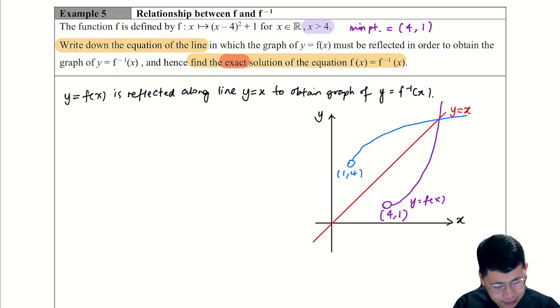And where does it intersect? It will intersect at this very special point over here. This graph is y equals f inverse of x, and they will intersect at this point.